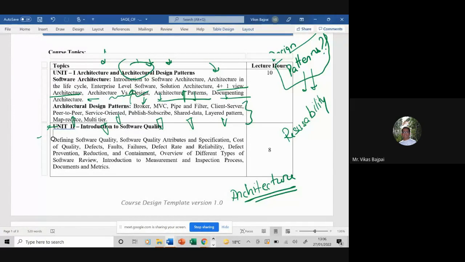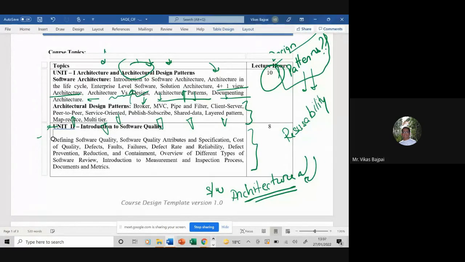But before that, let's talk about architecture. Basically, just like for a building we get a blueprint, similarly for software we get a blueprint that is called architecture. We'll give a good amount of time to this portion as well.